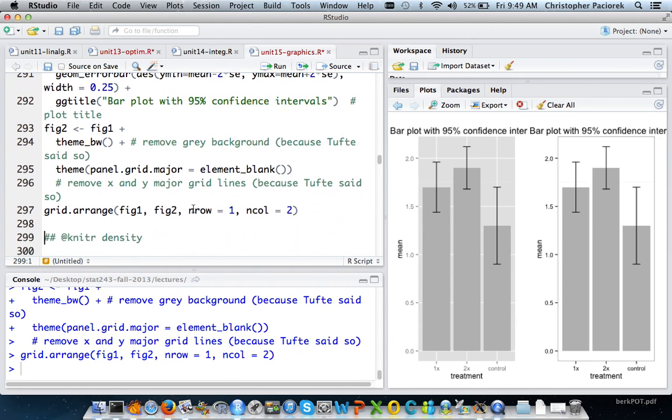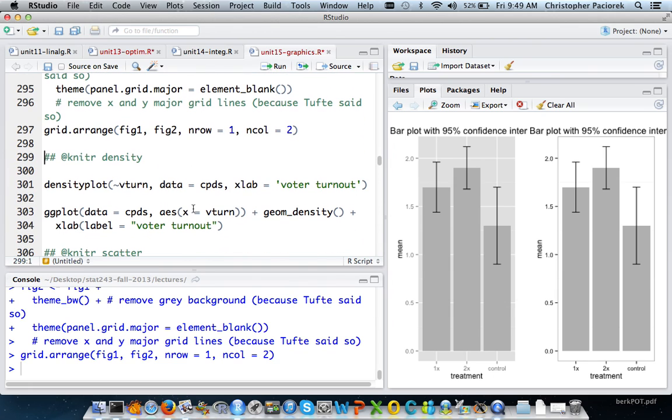Okay, so now let me just show you a few examples. So that was all ggplot so far, what I've shown you. Now I'm just going to show you side by side what you could do with the lattice package and what you can do with ggplot for some of those 5 different kinds of plots that I had mentioned.